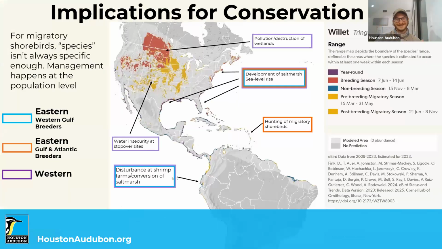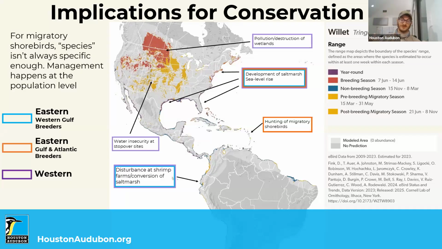However, and I hope this map is somewhat legible, I added in some of these arrows and boxes just to bring people's attention to a lot of the stuff I just mentioned, so I won't continue in heavy-handed detail. But basically what I was trying to get across with this is all three populations that we've talked about tonight face issues when it comes to developing salt marsh on our coasts and beyond.